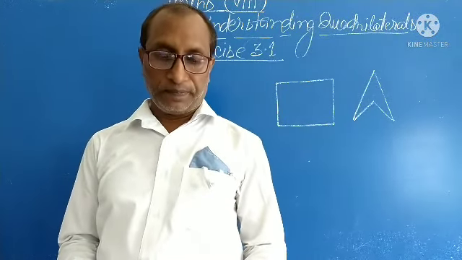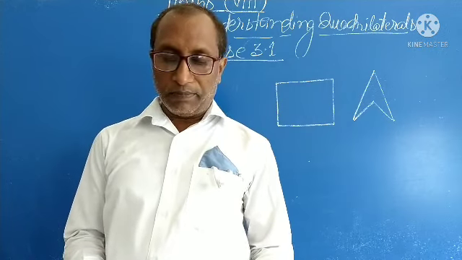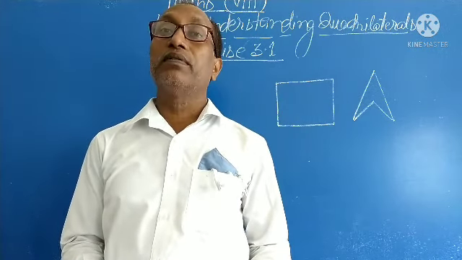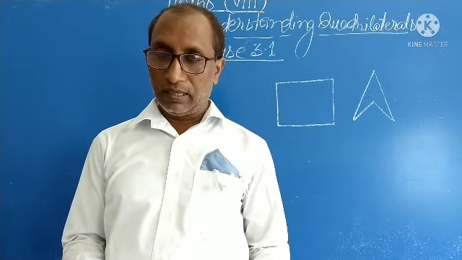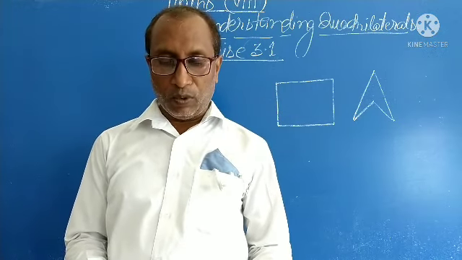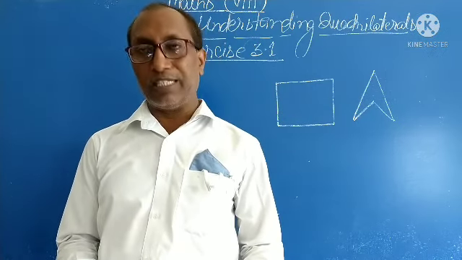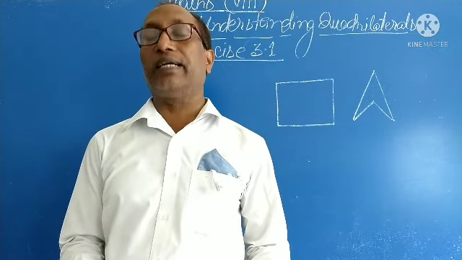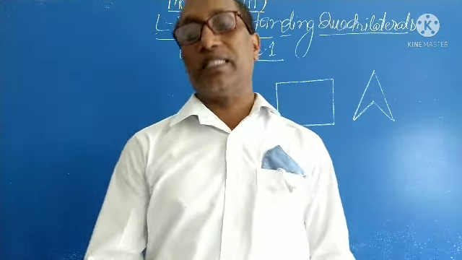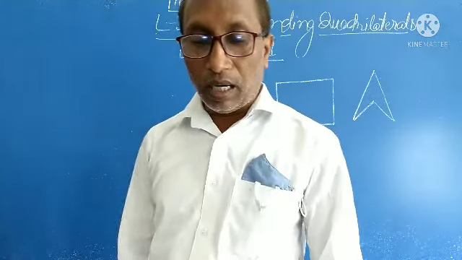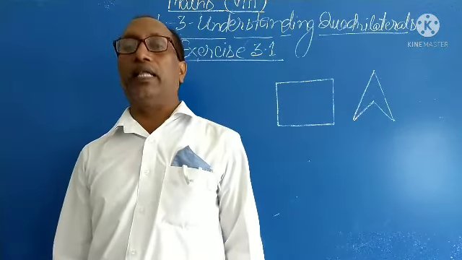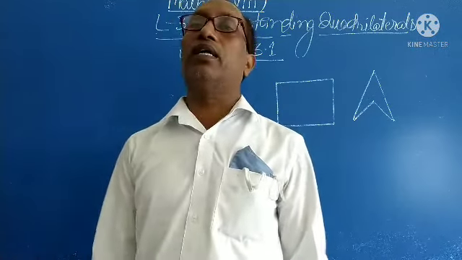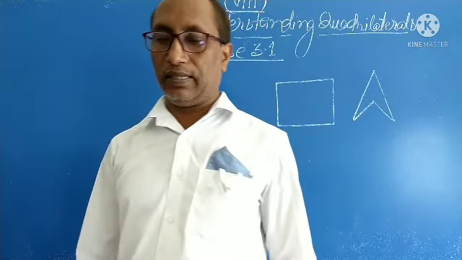Question number 3. What is the sum of the measures of the angles of a convex quadrilateral? Will this property hold if the quadrilateral is not convex? Make a non-convex quadrilateral and try. This means you find out the sum of the measures of the angles of a convex quadrilateral and a concave quadrilateral.